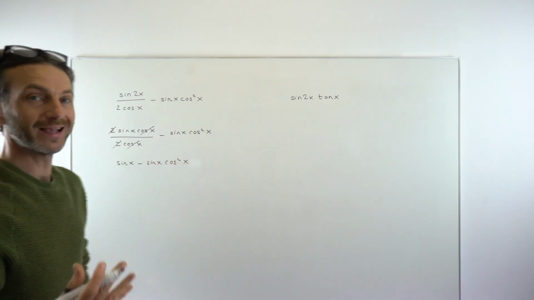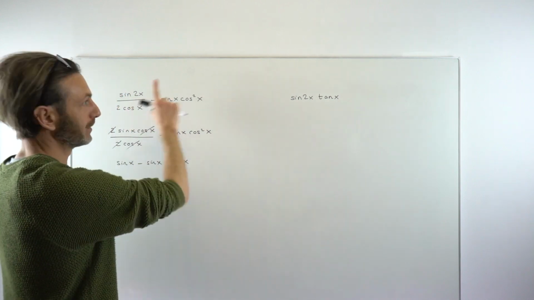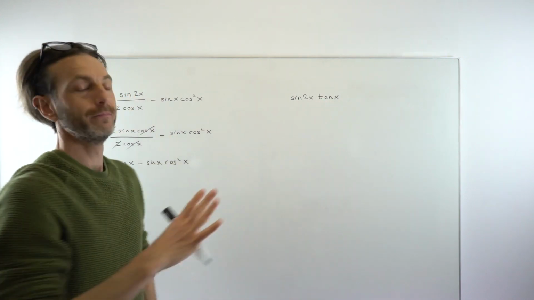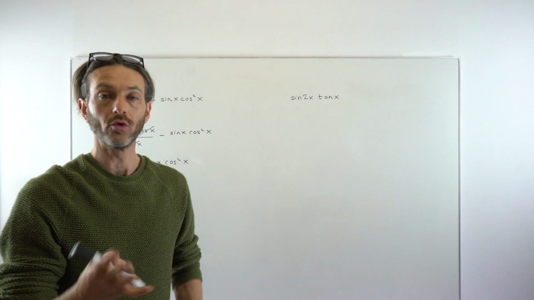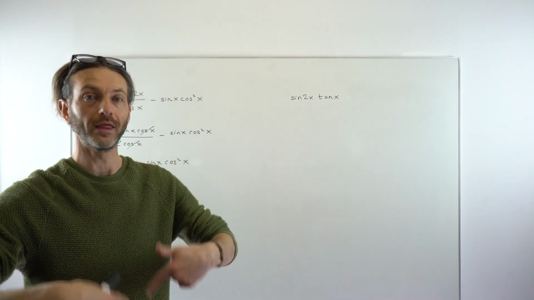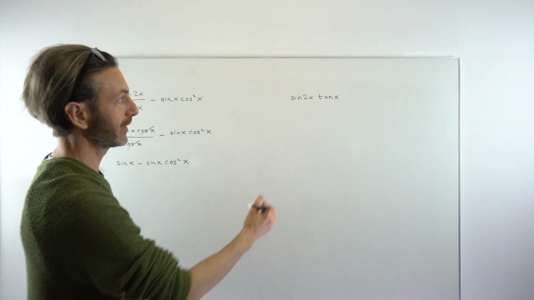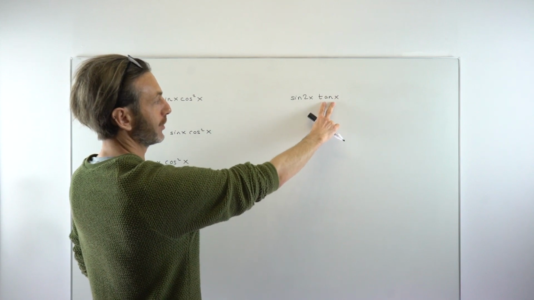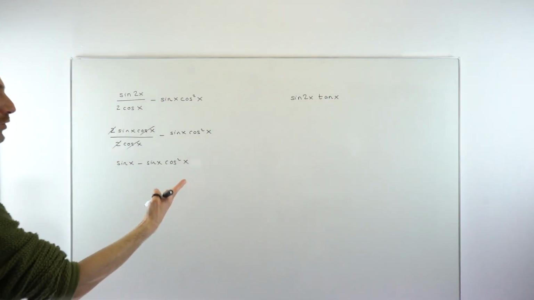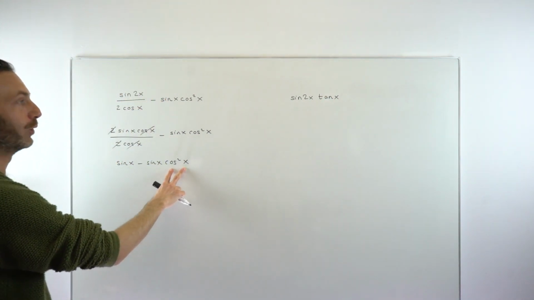One other tip, a second tip, apart from looking out for the double angle or the tan x, remember that in general, you're going to use one of the other trig identities. So the other identities are sine over cos equals tan, or sine squared plus cos squared equals 1.